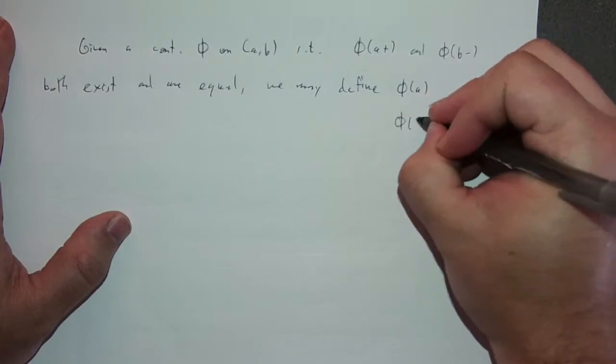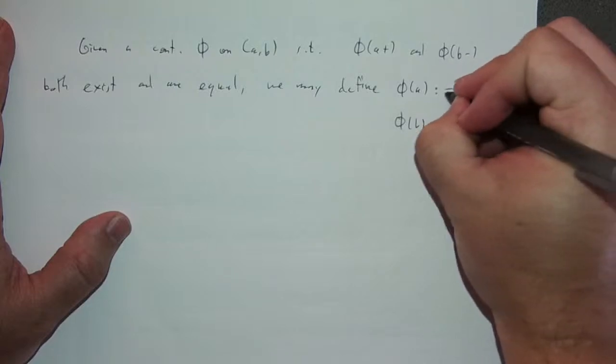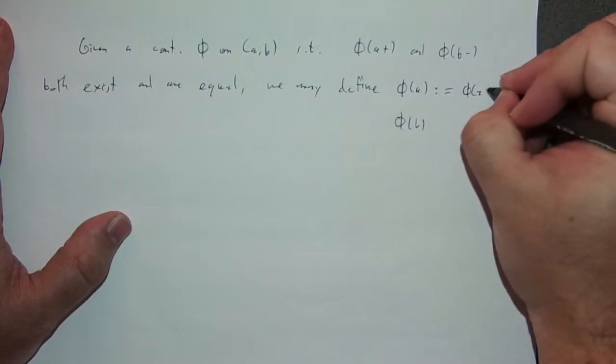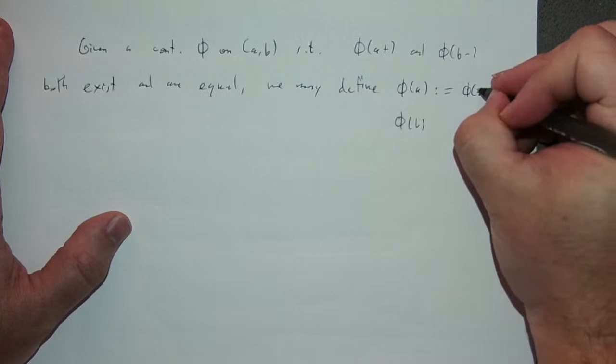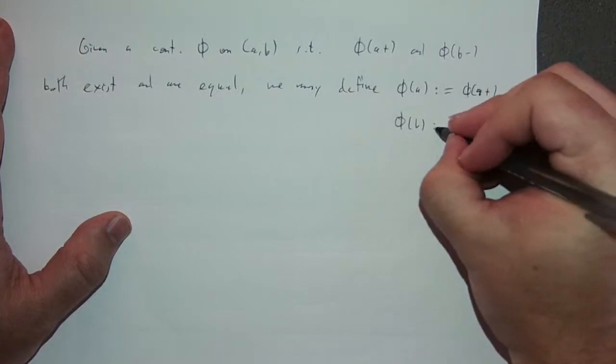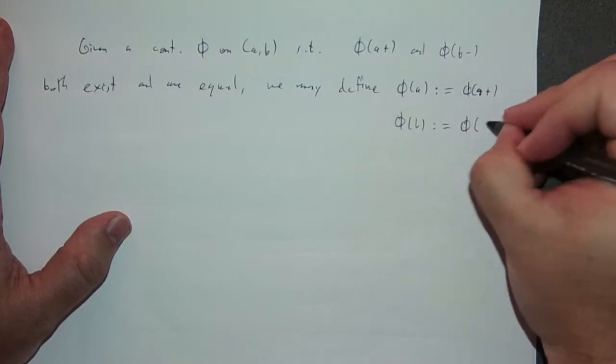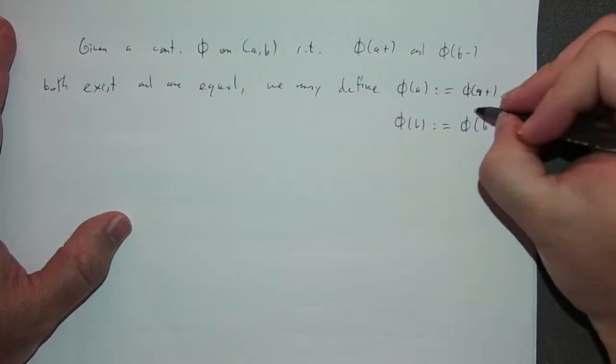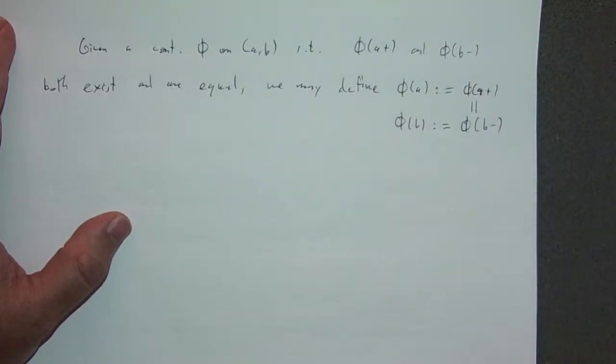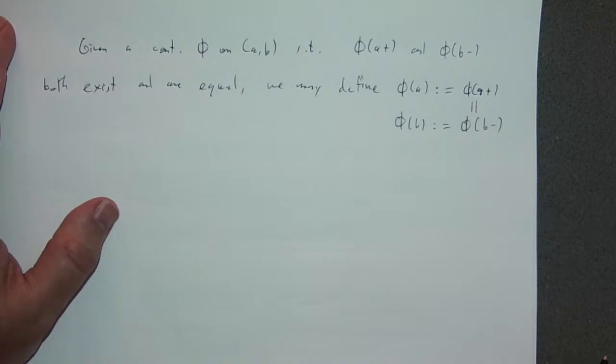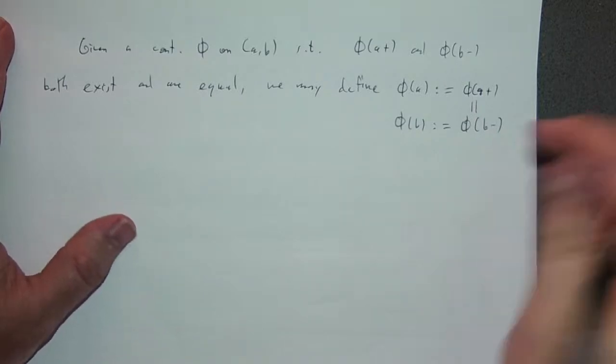So phi of a can be defined to be phi of a plus, and phi of b can be defined to be phi of b minus, but both of these things are equal, and so all of these are equal, right?